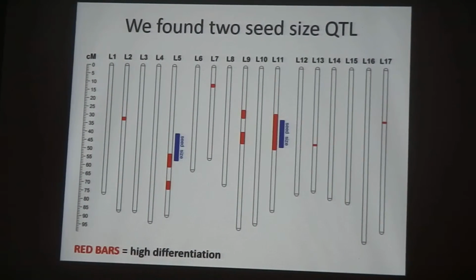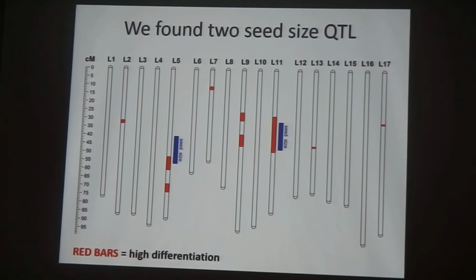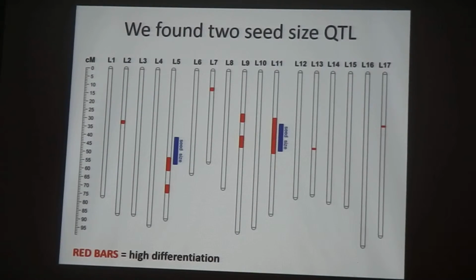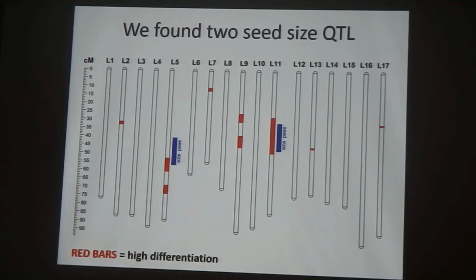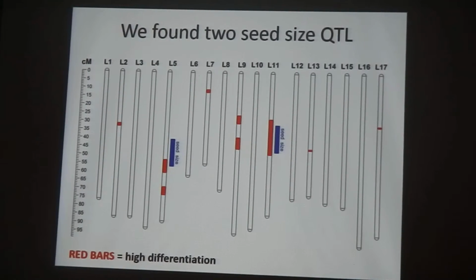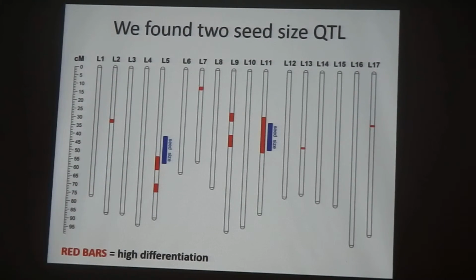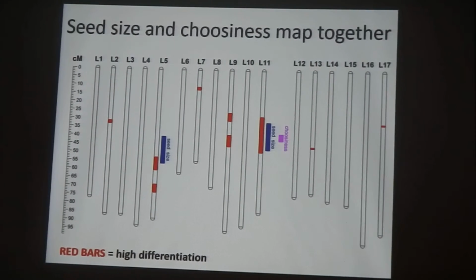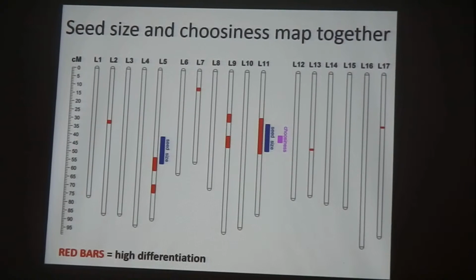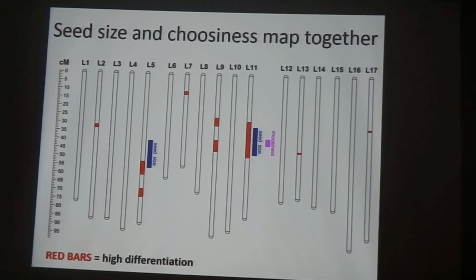In the end, we found 2 QTL for seed size, and these overlap with the regions of divergence that were found earlier, which is great. That suggests that seed size really is likely to underlie a reproductive barrier and therefore be helping genetic differentiation. And we found that choosiness maps to the exact same area on linkage group 11 as that seed size trait.